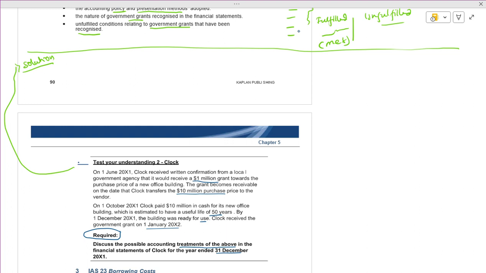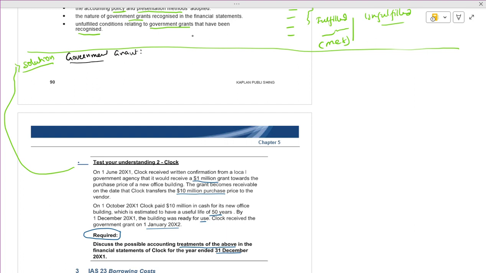Now, just for our understanding, what is a government grant?